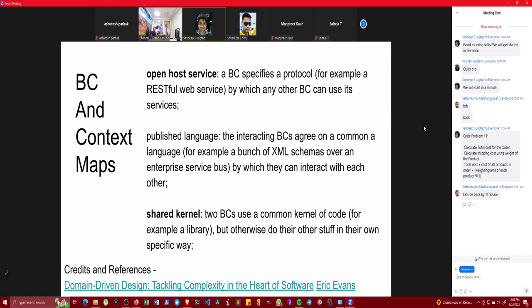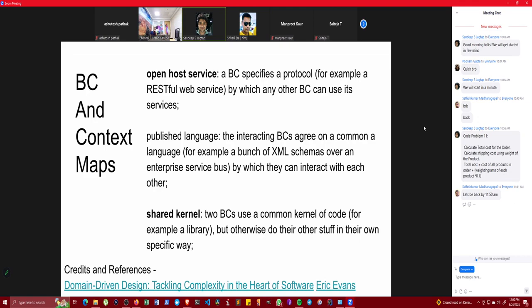Shared kernel, like sharing the domain model, is a very risky thing. Anytime you decide that two teams or two bounded contexts want to share something, be careful. Even if you create a common base class, now you have a dependency between two microservices, because one team has to ask another team, and there's communication.